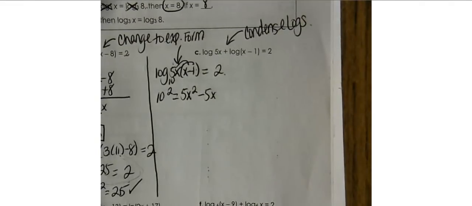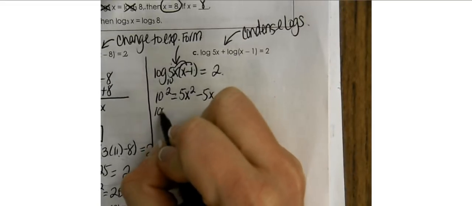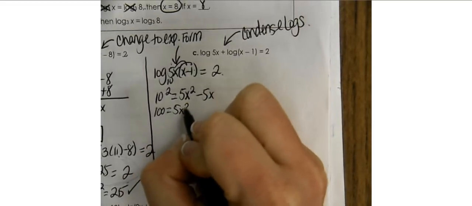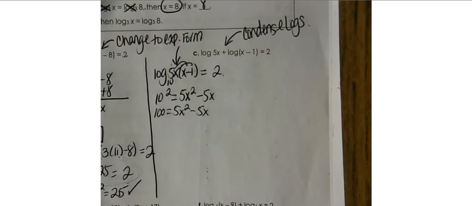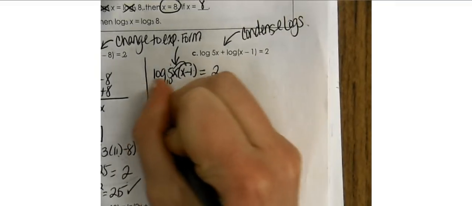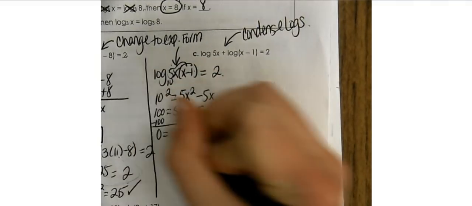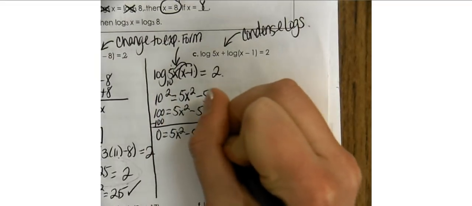So now this is a quadratic equation, and I'm going to rewrite this as 10 squared, which is 100, is equal to 5x squared minus 5x. And I want all quadratic equations to equal 0, so I'm going to subtract 100 on both sides. And when I do that, I end up with 0 is equal to 5x squared minus 5x minus 100.